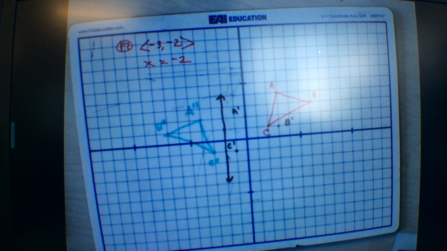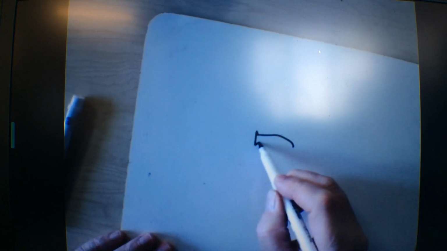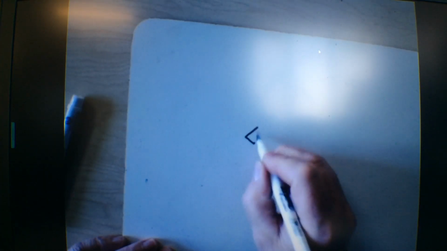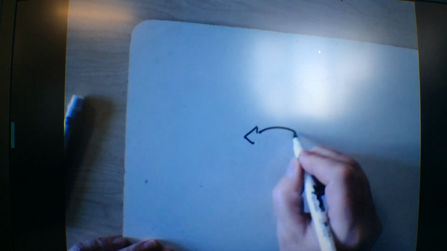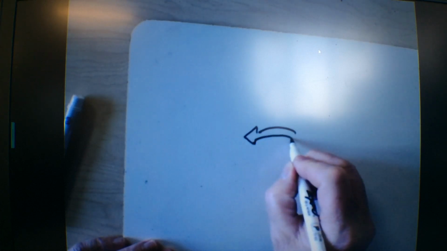You'll also have some symmetry problems, so I'll draw a figure like this. Wow, that's a lovely figure, isn't it? And I'll do something like this, and I say, does it have line symmetry? No. Does it have rotational symmetry?